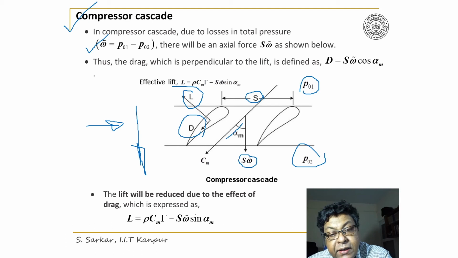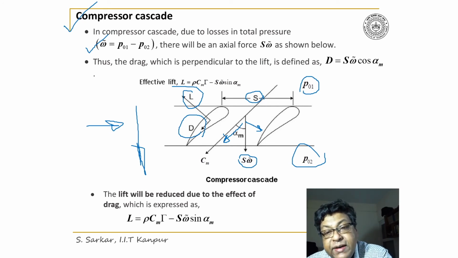One will act parallel to Cm and one will be perpendicular to Cm. The component which is parallel to Cm will define the drag, and the component which is perpendicular to Cm will decrease the lift, rather the theoretical lift.